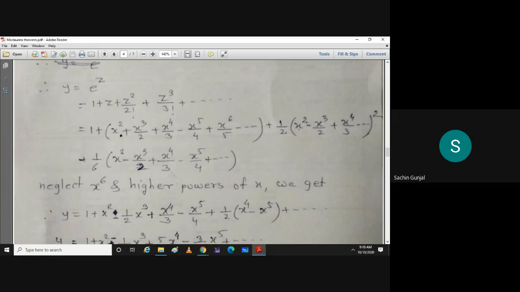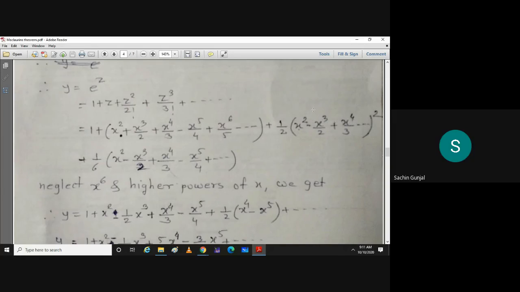Then the coefficient of x raised to 4. Tell me. 1 by 3, 5 by 6. This 1 by 3, and if you open this x square minus x cube by 3 bracket square, what will be the first term?